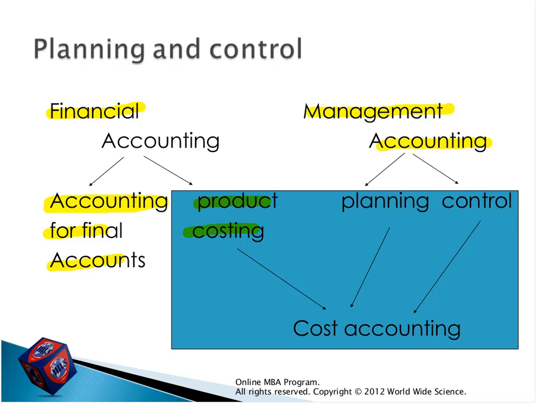Planning, control, and product costing are all part of cost accounting. We call it cost accounting because costs are very important in business, under our costings and expenses. We must know what kind of efforts we make to obtain any income, right? What kind of expenses we have in our company to get an income.